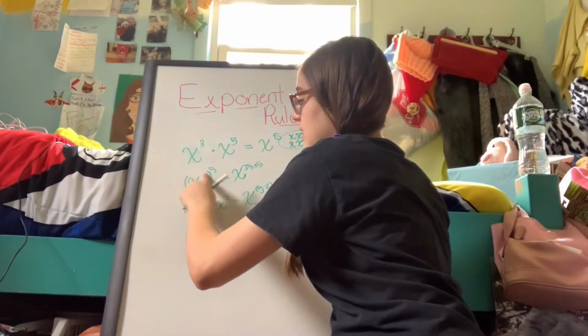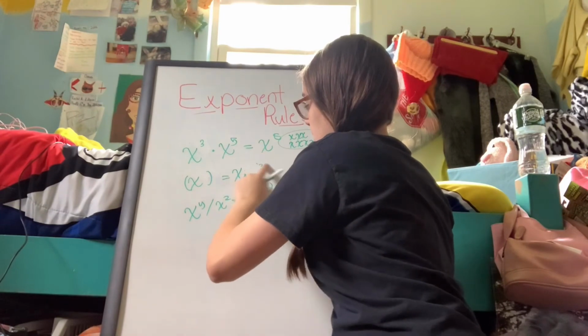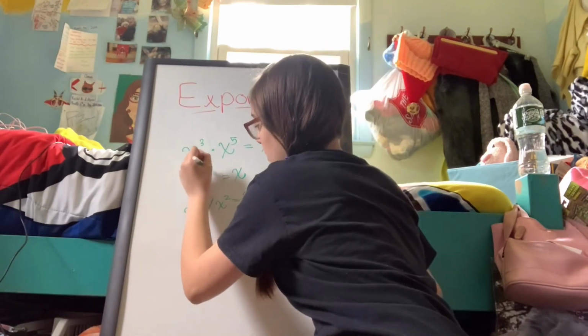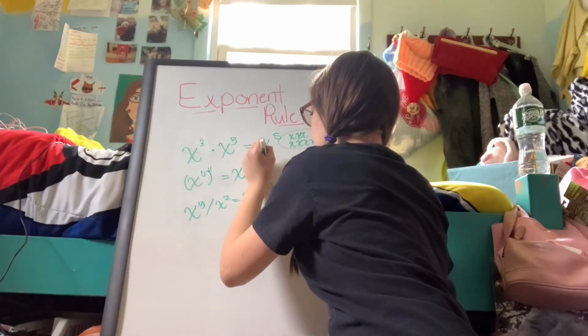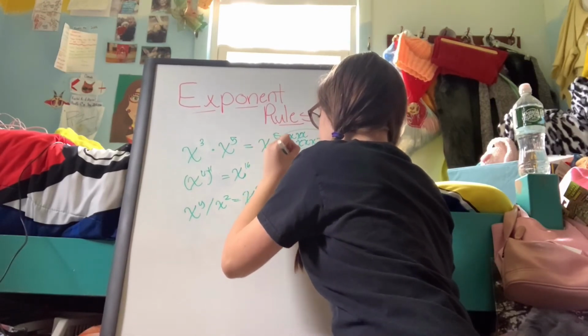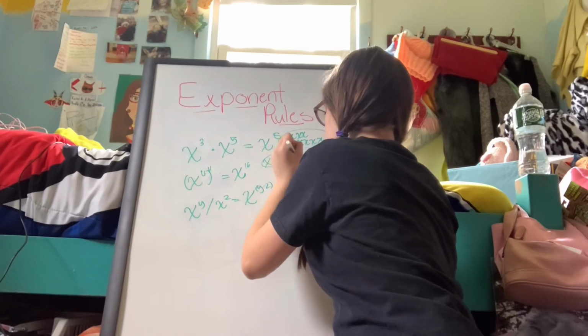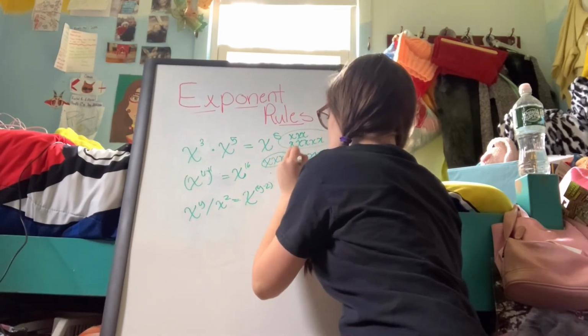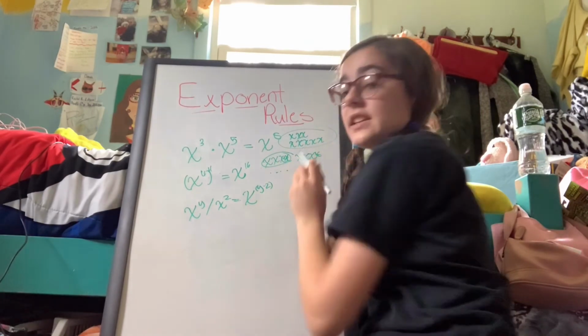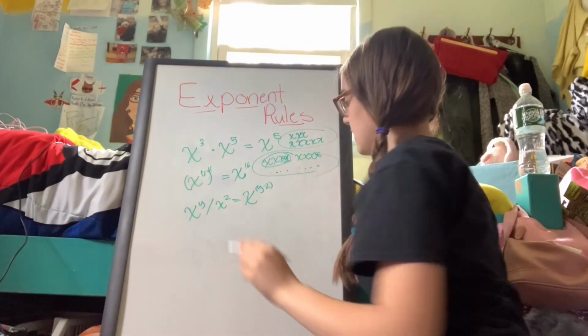Or I could use different numbers where they're both 4, and then this is x to the 16th. Because if I have 4 x's, and then I have 4 groups of those x's, that would be 16 x's altogether.